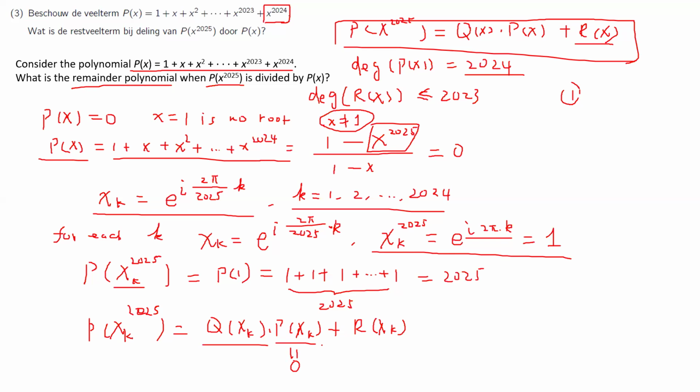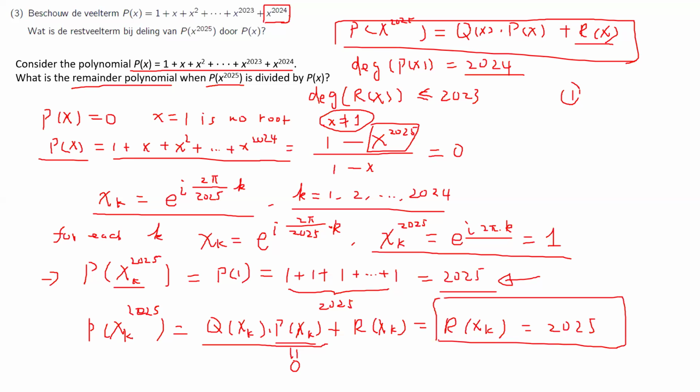So the first term is 0, and we get R(x_k), and it is 2025. So we have these equations.